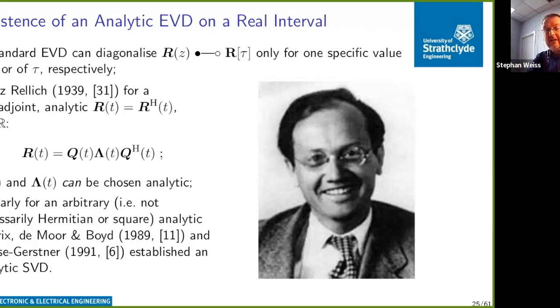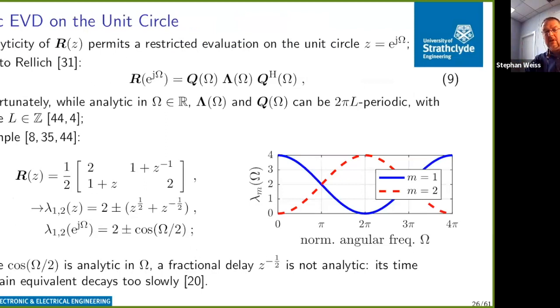But these are essentially continuous time systems, if you like, so they depend on a continuous real parameter on a certain interval. So what we can do now is we can use these results by Franz Ehrlich because our covariance matrix R will be analytic if the data that we consider is generated from sources through a set of transfer paths, so through some convolutive mixing by causal and stable filters.